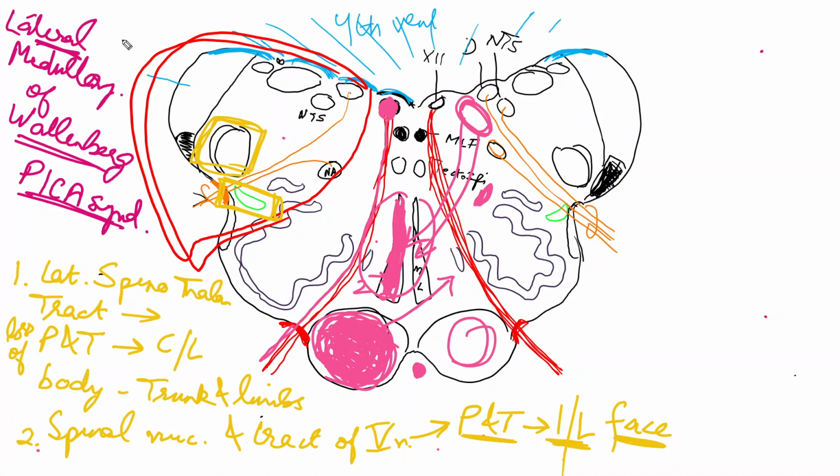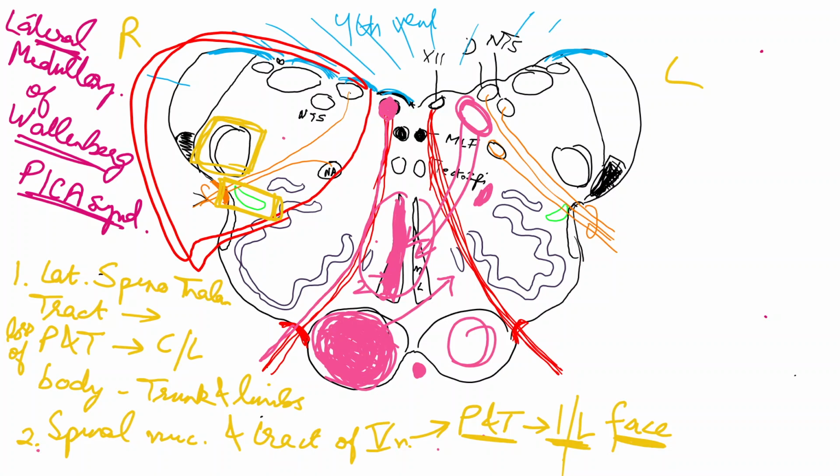Example, if this is the right half of the body, this is left half, because of involvement of the right lateral spinothalamic tract, the patient will be unable to feel pain and temperature sensations on the left side of the trunk, that is the left half of the thorax and abdomen, the left upper limb, the left lower limb.